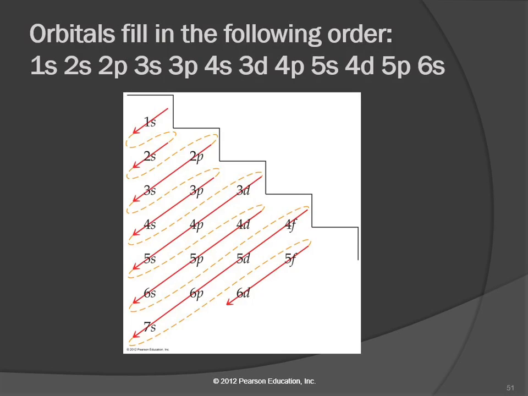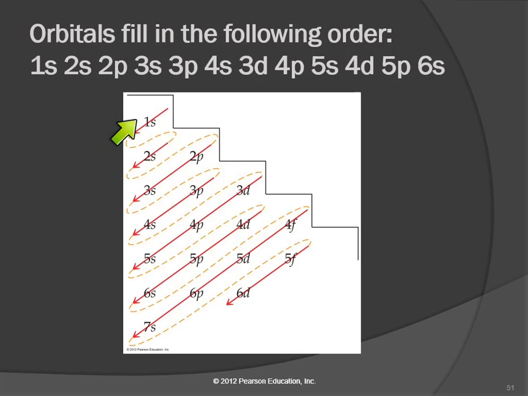This is one method that people use to keep track of the filling order, the order or the price levels in the hotel. You can draw this: here's the first level has 1, the second level has 2, the third has 3, the fourth has 4, etc. And then the way you would figure this out is you draw diagonal lines.